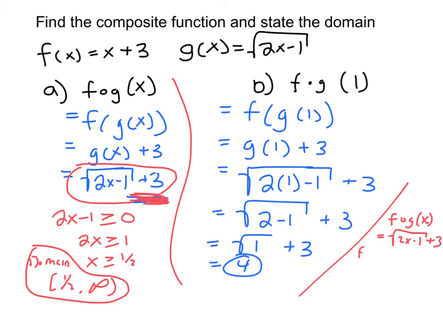So when trying to find f of g of 1, you could have just plugged in 1 for x: 2 times 1 minus 1 plus 3. 2 times 1 is 2, minus 1 is 1, square root of 1 is 1, plus 3, which equals 4. So you'll get the same answer.